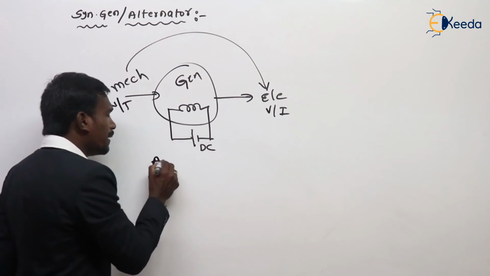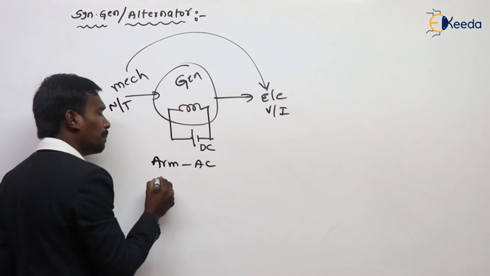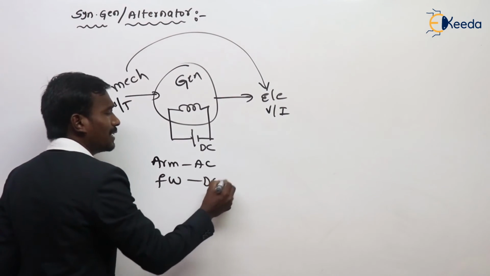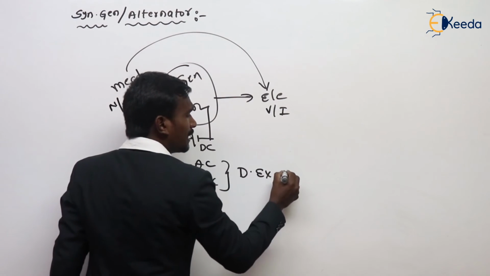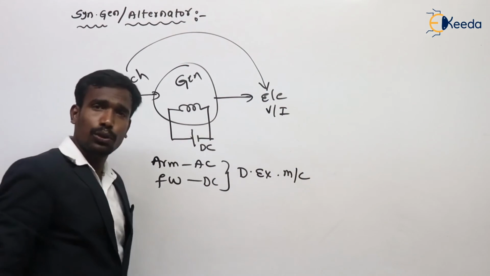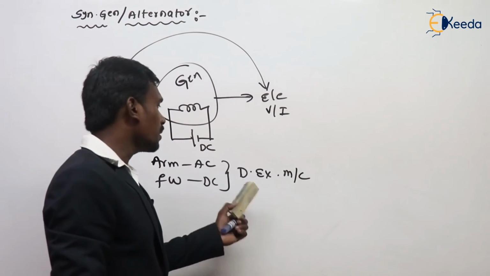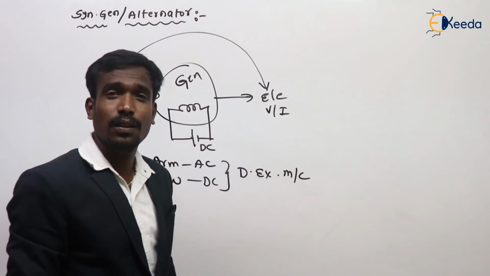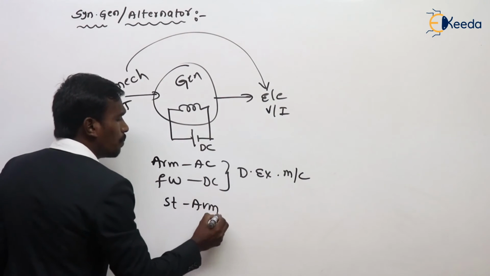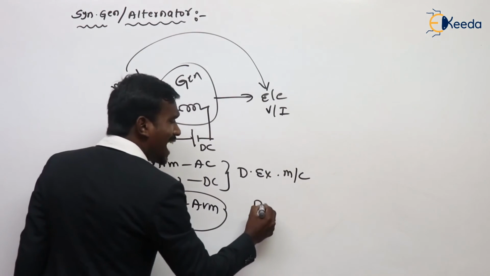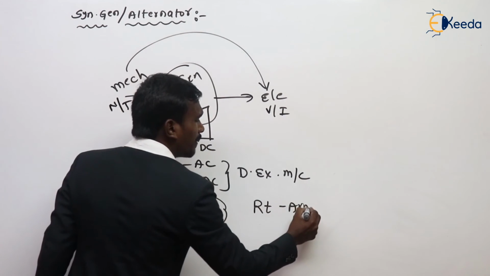This is my alternator. Here, the armature winding carries the AC supply and the field winding carries the DC supply. That's why it is called a double excited machine, as I told you. Generally, the stationary armature is more advantageous than the rotating armature.